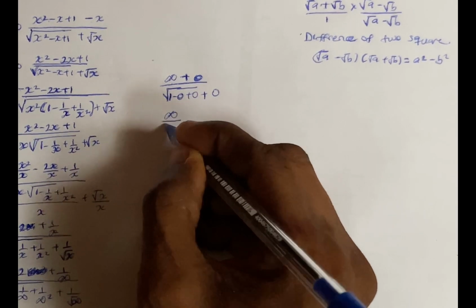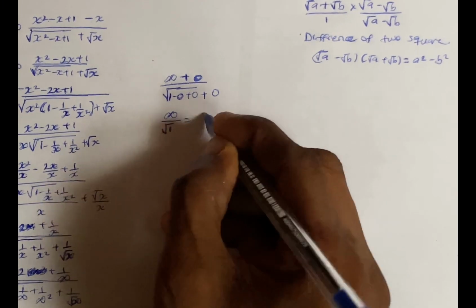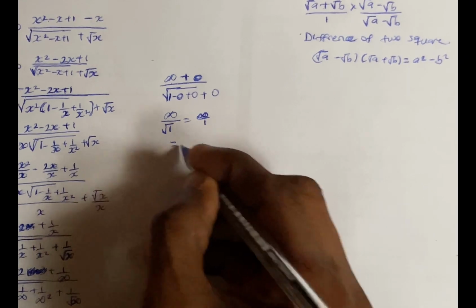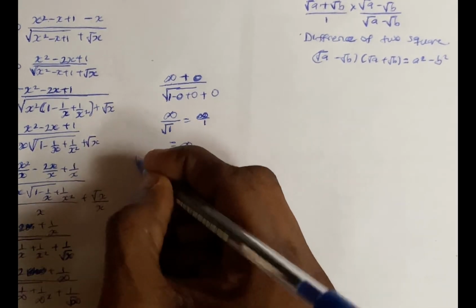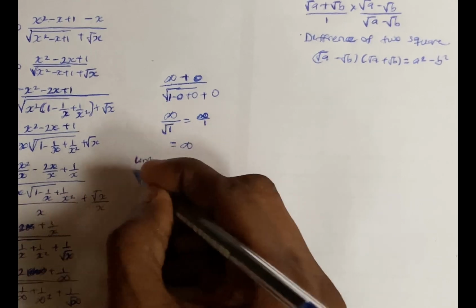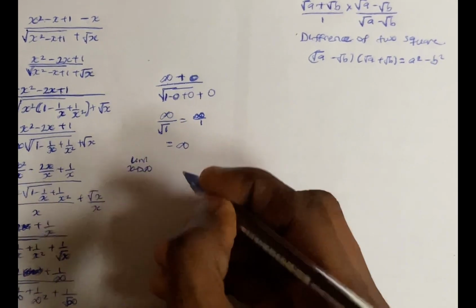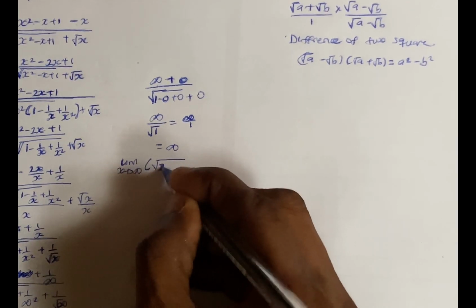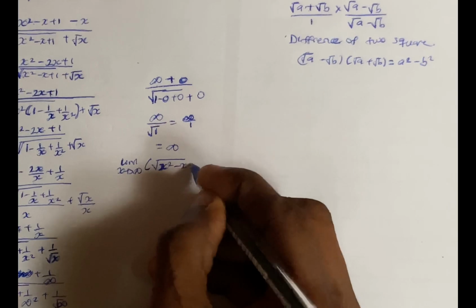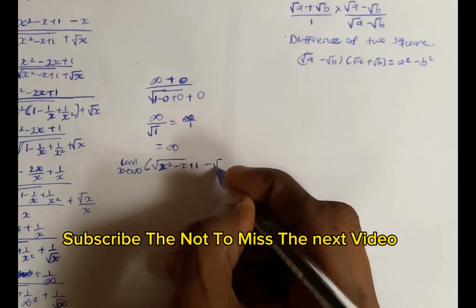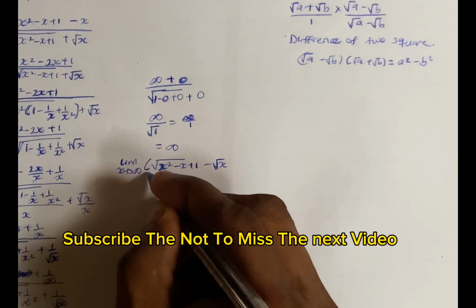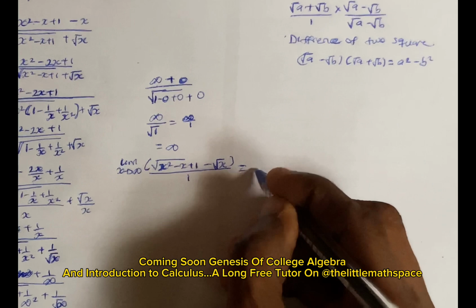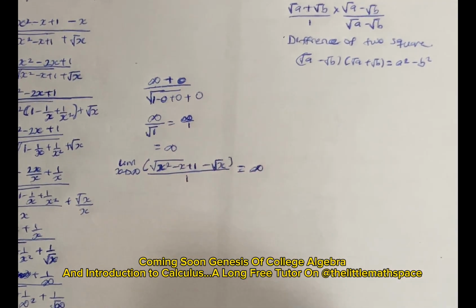So we have infinity over square root of 1, which is equal to infinity over 1. So our answer is equal to infinity. So we have limit as x approaches infinity of square root of x squared minus x plus 1 minus square root of x, over 1, equals infinity.